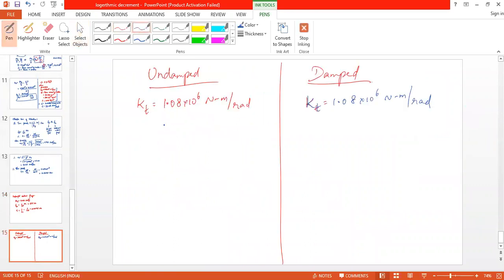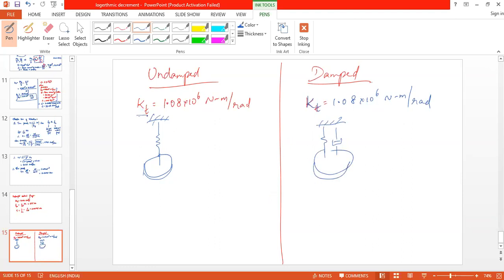In undamped case, since it is a torsional vibration, there will be a spring and a disc. Whereas in case of damped system, there will be a spring and damper for this torsional system.